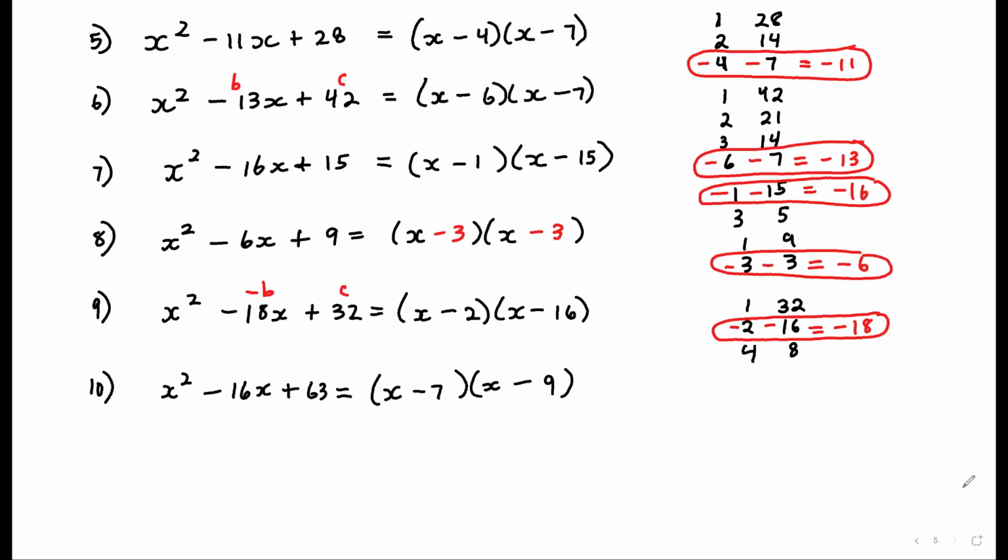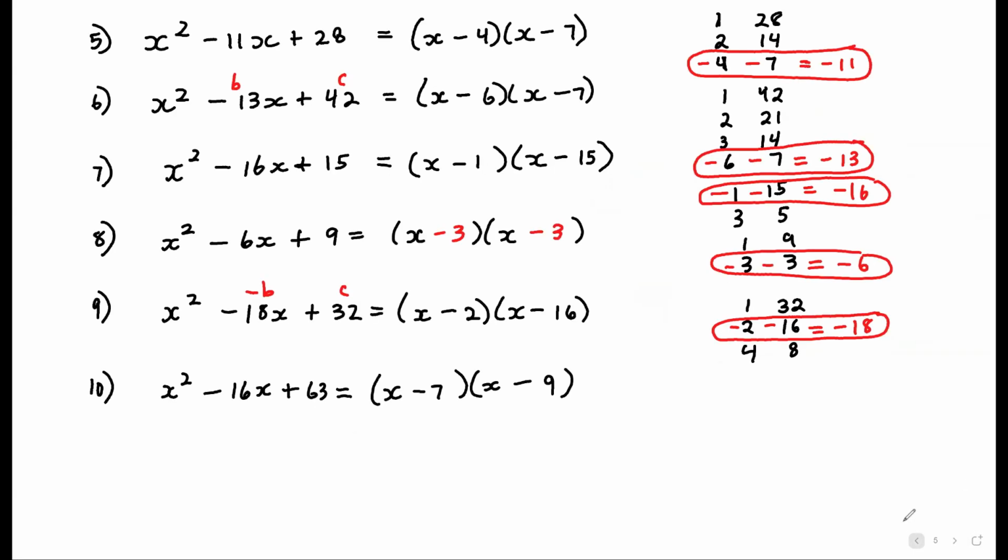But you can also have the instance where both B and C are negative. Before we reach both B and C being negative, let's look at when B is positive and C is negative.